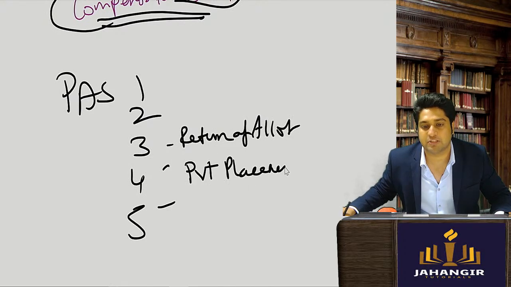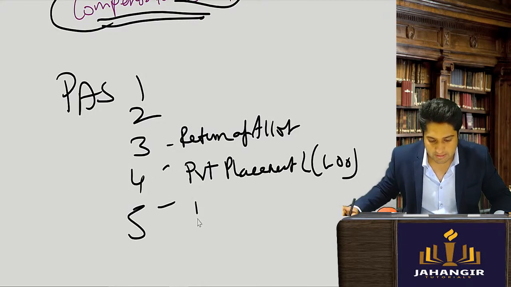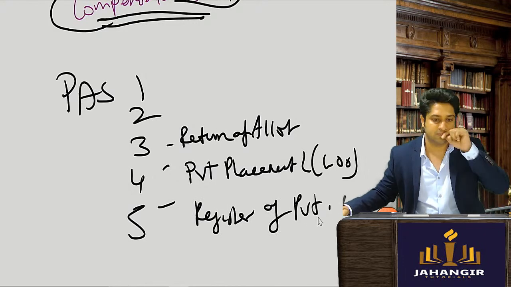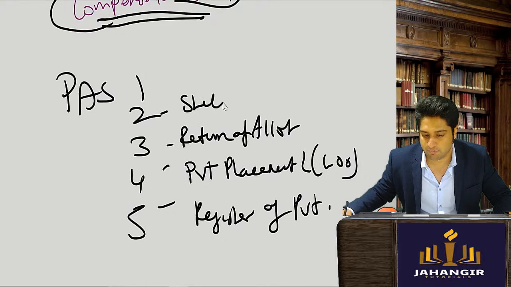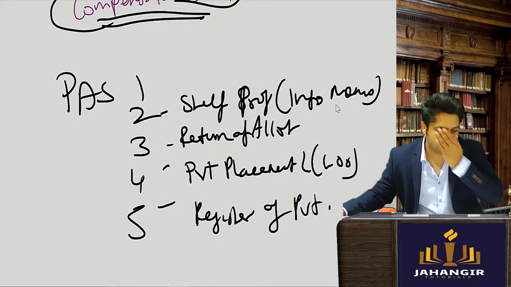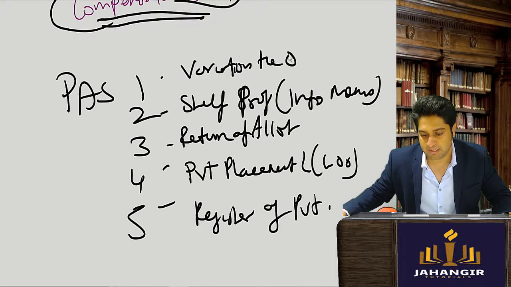For private placement, letter of offer. Here it is maintaining a register of private placements. In PAS 5. 2 we had done was shelf prospectus. Shelf prospectus, information memorandum. And 1 they are not given here. It is when you're varying the objects. Varying the object clause.